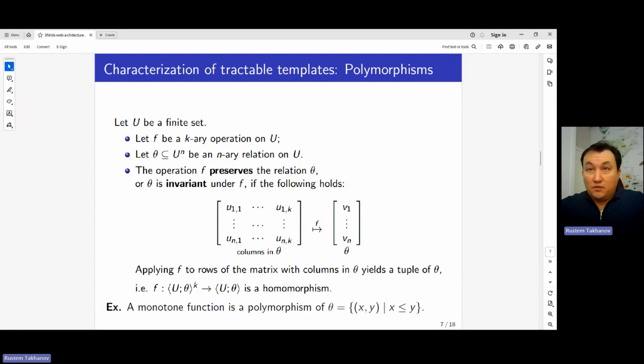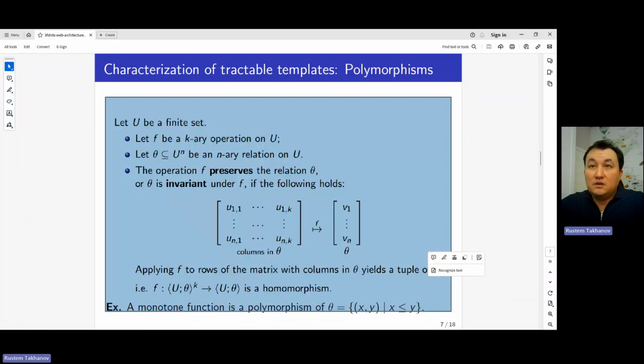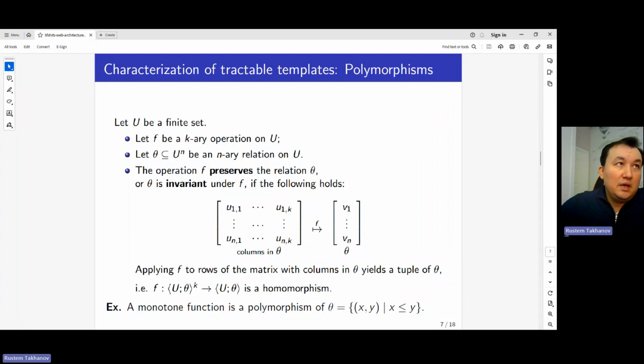So an example is, of course, this relation. This is a relation which is just simply a partial order on the Boolean domain, and it is easy to see that a function on the Boolean domain preserves that partial order if and only if it is monotone, right?